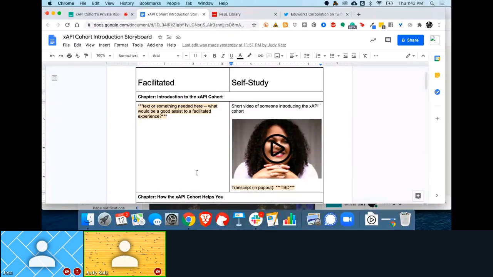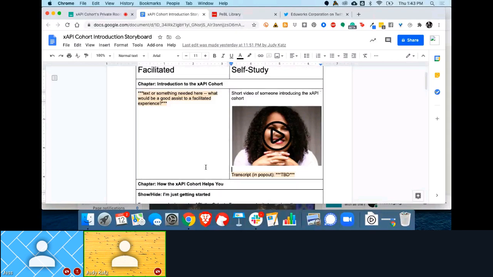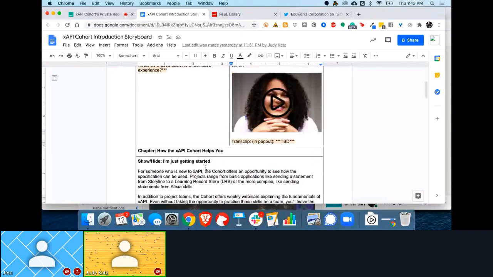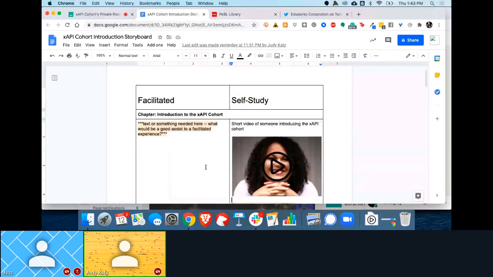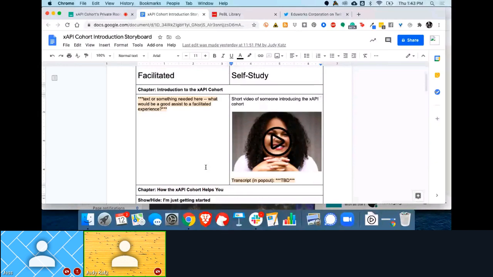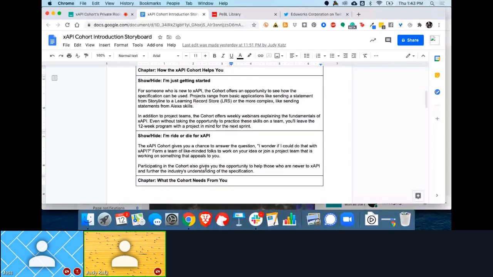Essentially it's a table. Sometimes the table is split between the facilitated and study experience. You can see we're planning some video with a facilitator or with someone else, and sometimes the experiences are the same, and these parts of the book will be the same and will not be content morphed, and there's back and forth.